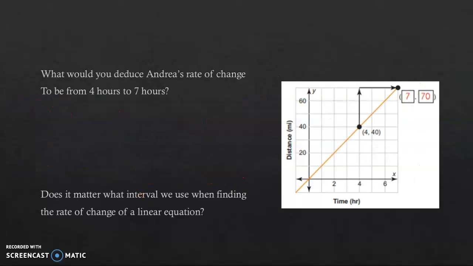All right, so what would you deduce Andrea's rate of change to be from 4 to 7 hours? So again, we know that from 1 to 2 was 10 miles per hour, and from 1 to 4 was 10 miles per hour.